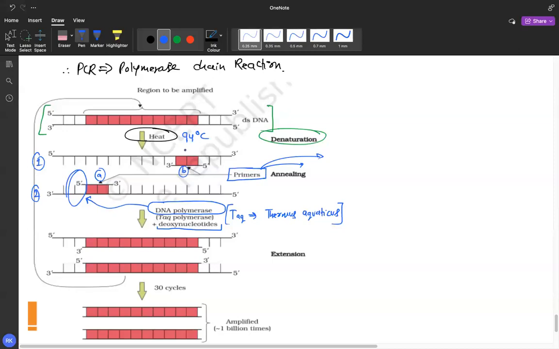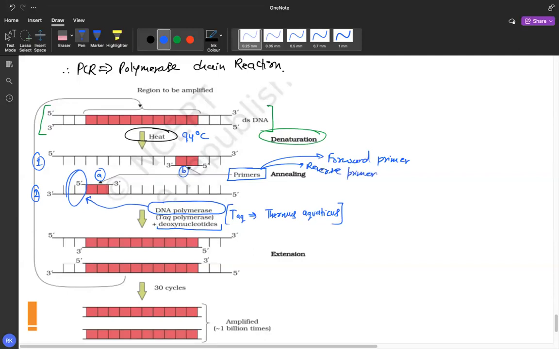And you would like to synthesize your DNA on both the strands, that then only you can multiply it. This is basically following the rule of semi-conservative DNA replication. So one primer is called forward primer and the other is called reverse primer.